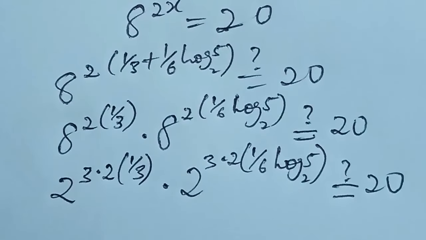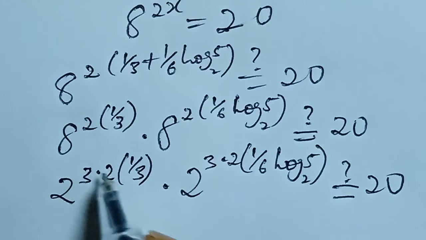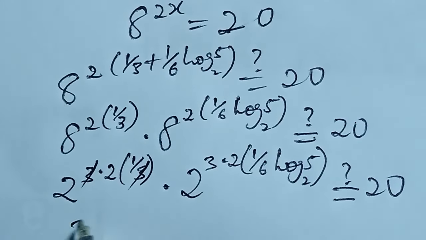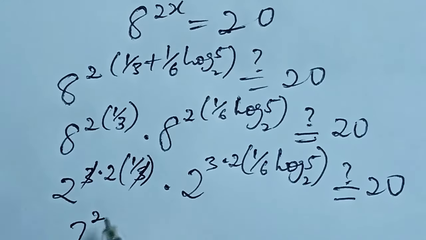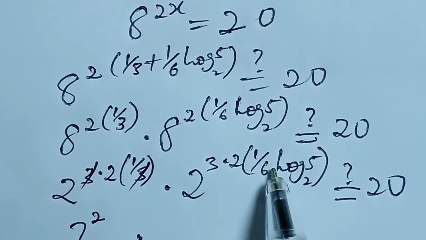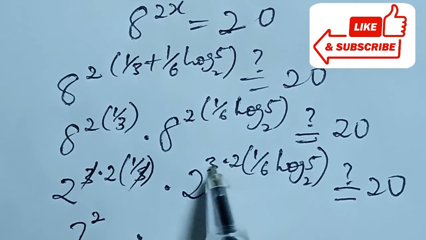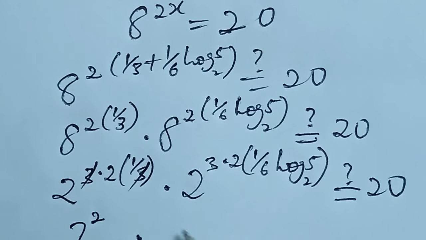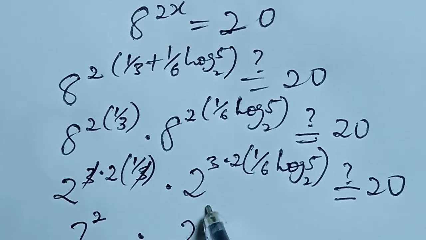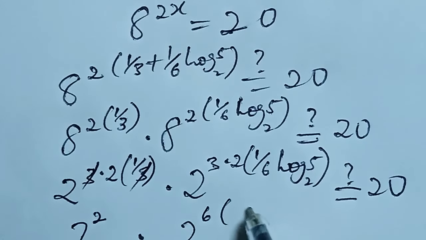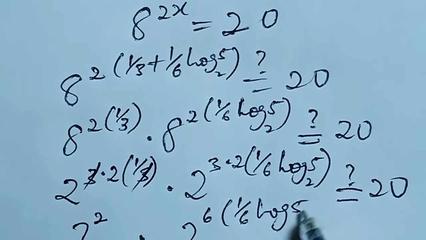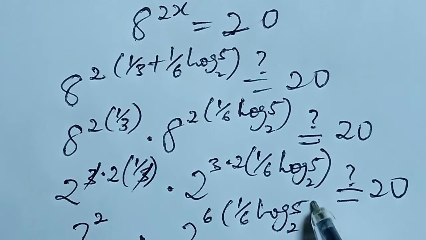Now these 3 can cancel out with these 3, so we are left with 2 to the power of 2 at this part. Then we have multiplied by the whole of this, so this 3 multiplied by 2, we have 2 to the power of 6, then into bracket 1 over 6 log 5 base of 2.